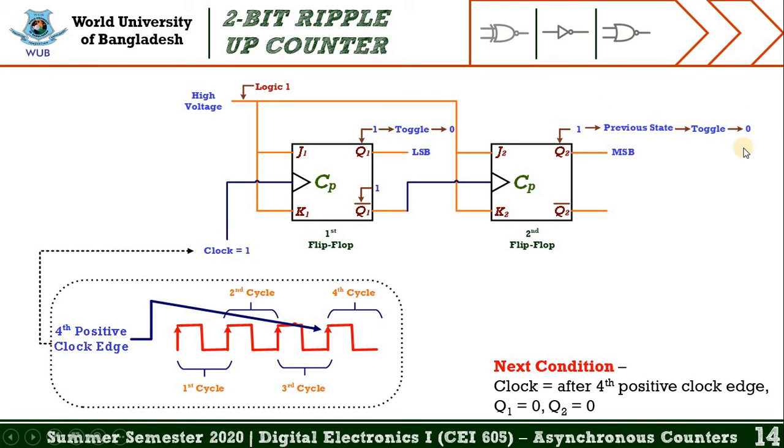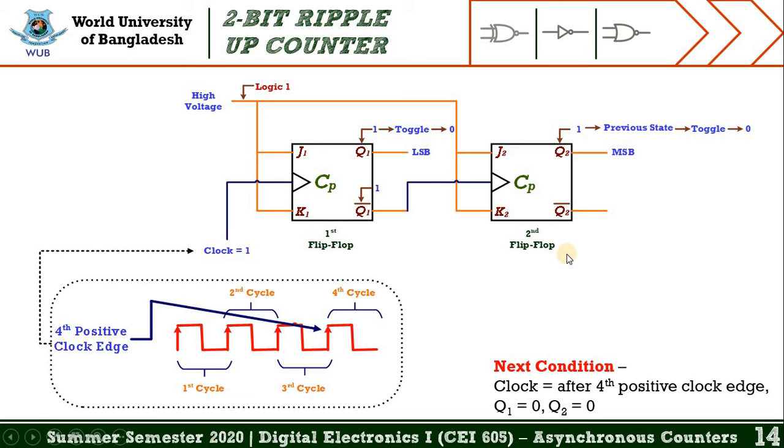Since this second flip-flop is activated or triggered, the value of output should be toggled. That's why we got 0 here.